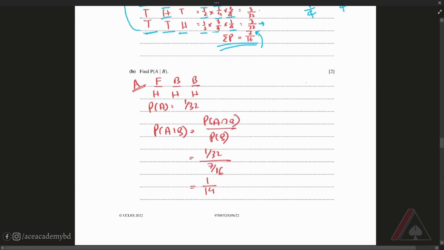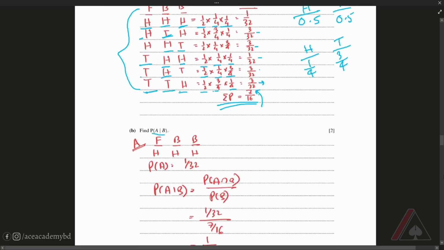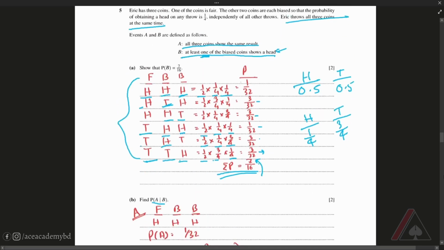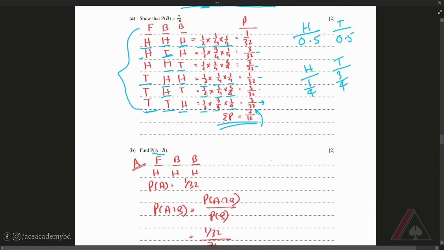Now, in the next part, we're told to find the probability that A is correct given that B is correct. So A is all three coins show the same result. So given that B is correct, now the probability that B is correct is 7 by 16, right? As we found in the previous question, 7 by 16. Now the probability that A is correct given that B is correct, we need to look for in the table here.